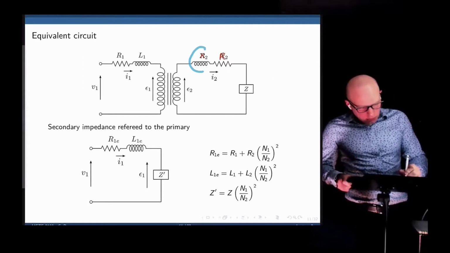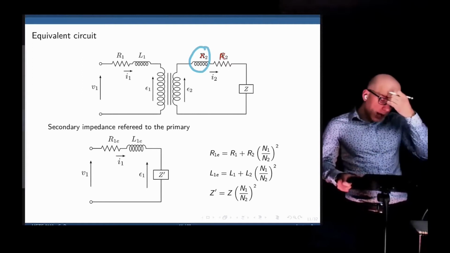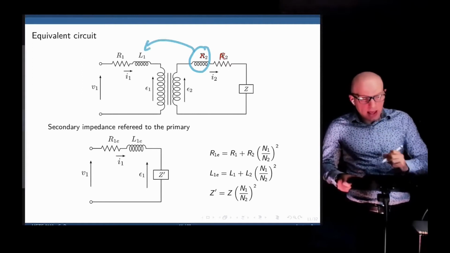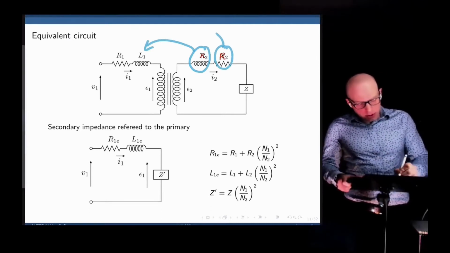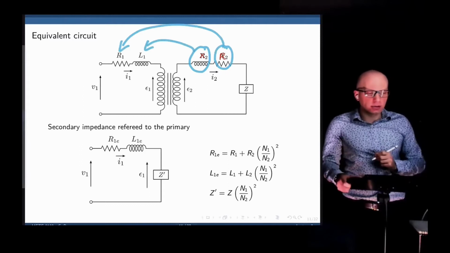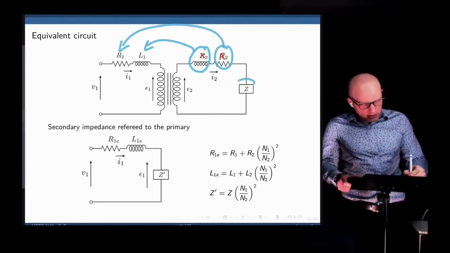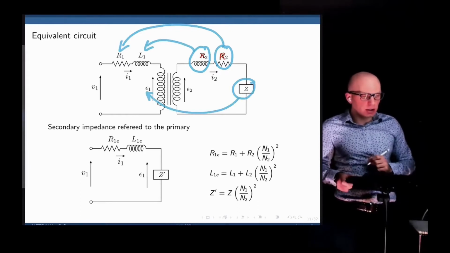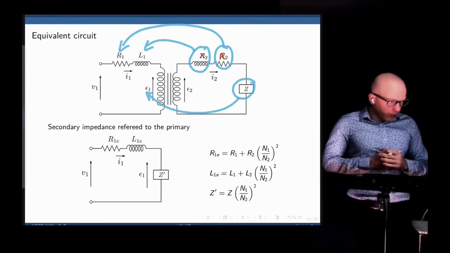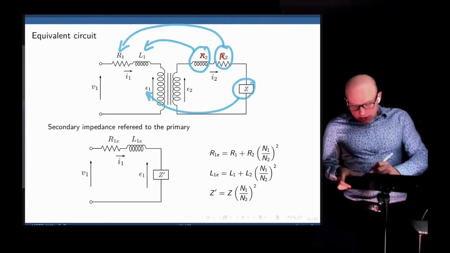We can refer this reactance to the primary winding and add that to X1. And you can refer this resistance to the primary winding and add that to R1, in the same way that this impedance can be referred to the primary winding by using the formulas we saw before. What is the equivalent circuit?